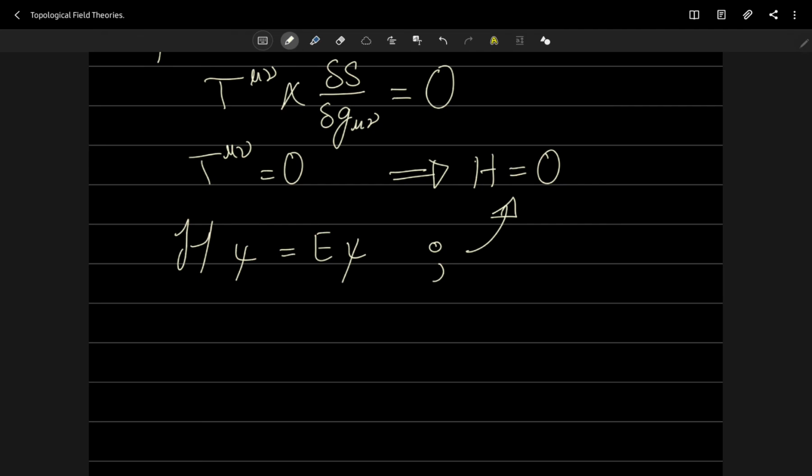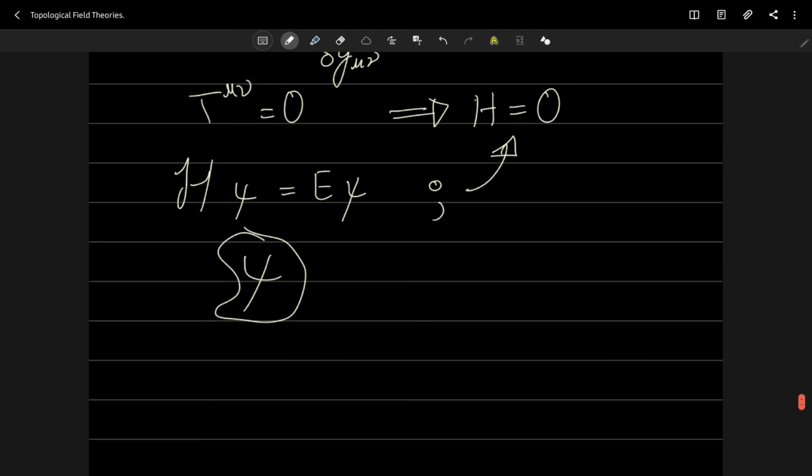Of course, you might say that the answer is equal to 0, but that's the trivial answer to the problem. The non-trivial part is to find the wave functions psi, or at least determine how many of these psi are there, which simply means that you're determining the ground state degeneracy.